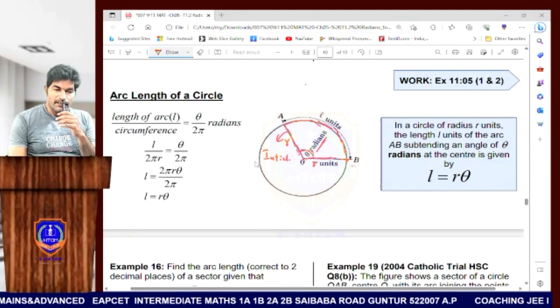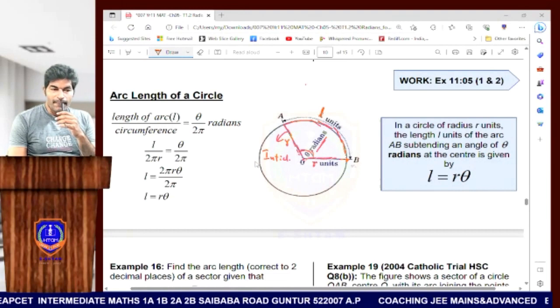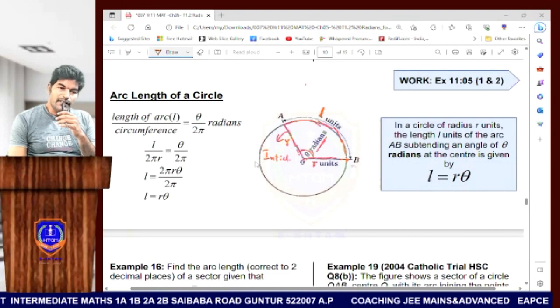Length of arc L. Actually, we want to compare this with the circumference. The circumference of a circle is 2 pi r. So the arc has the same ratio to the circumference as the angle has to the entire angle.